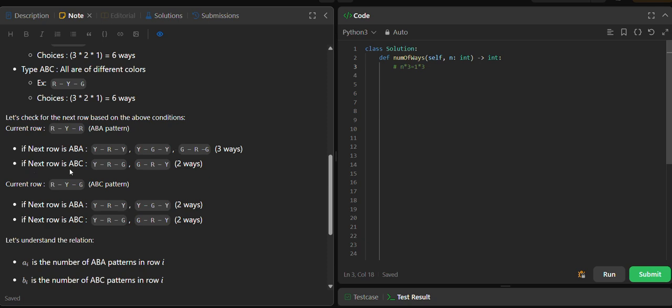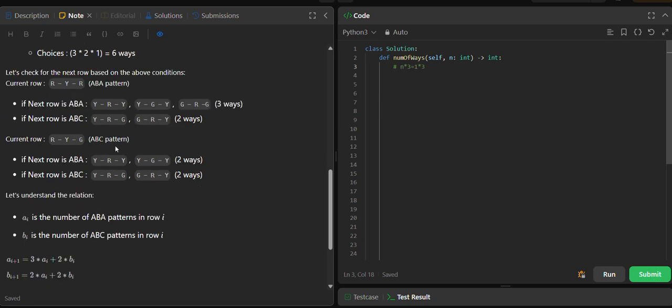Or if we use the ABC pattern for the next row as per the current row's ABA pattern, then we have only two ways. Similarly, if the current row follows the ABC pattern, then we will also try two different ways, ABA and ABC, for the next row, and each follows two ways.